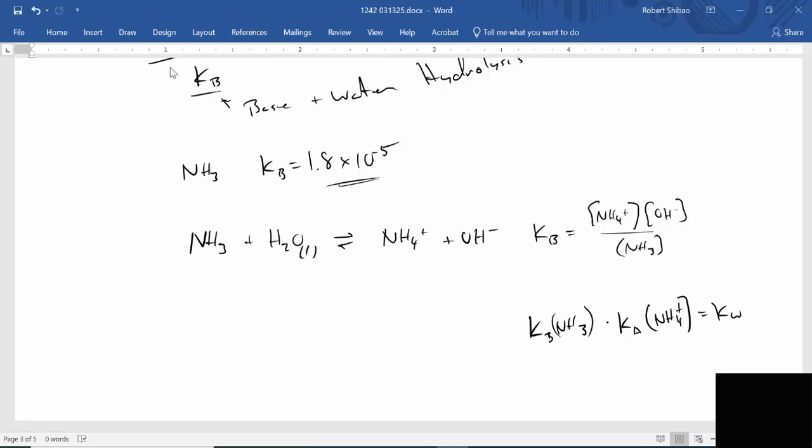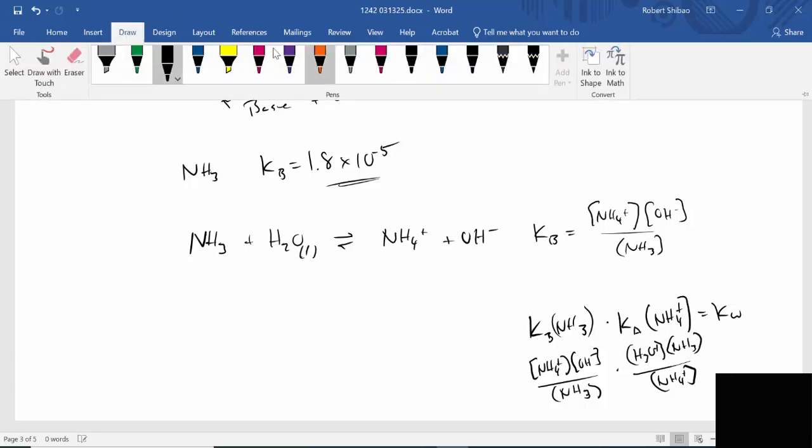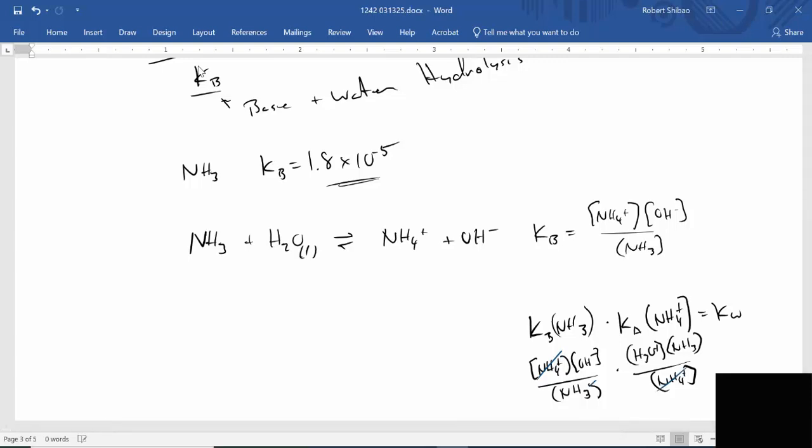The Kb for ammonia is ammonium times hydroxide divided by ammonia. And the Ka for ammonium is the hydronium times ammonia divided by ammonium. So if we multiply these two together, everything cancels out except for hydronium and hydroxide. The ammonium cancels out, the ammonia cancels out, and we get hydronium and hydroxide, which is Kw.